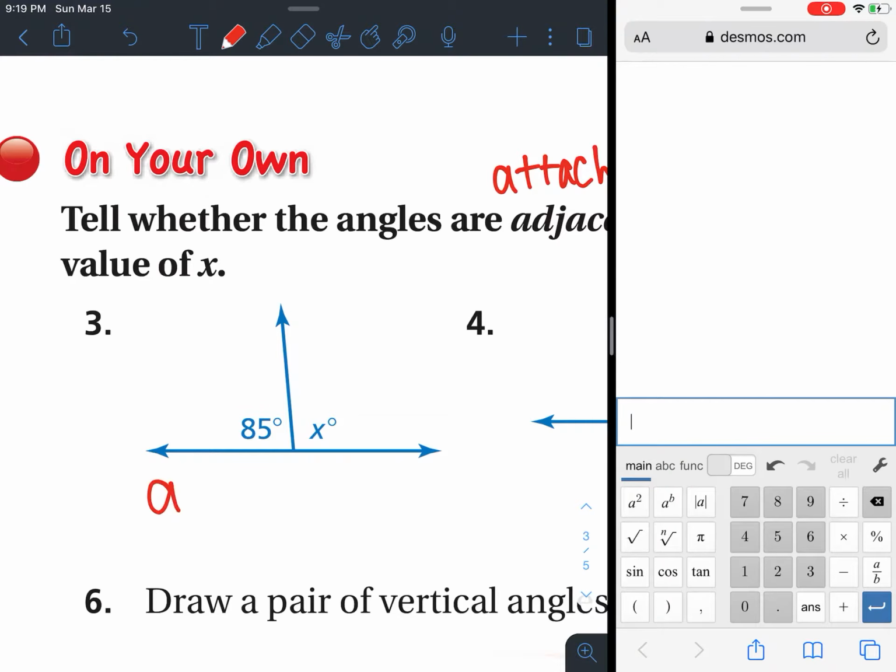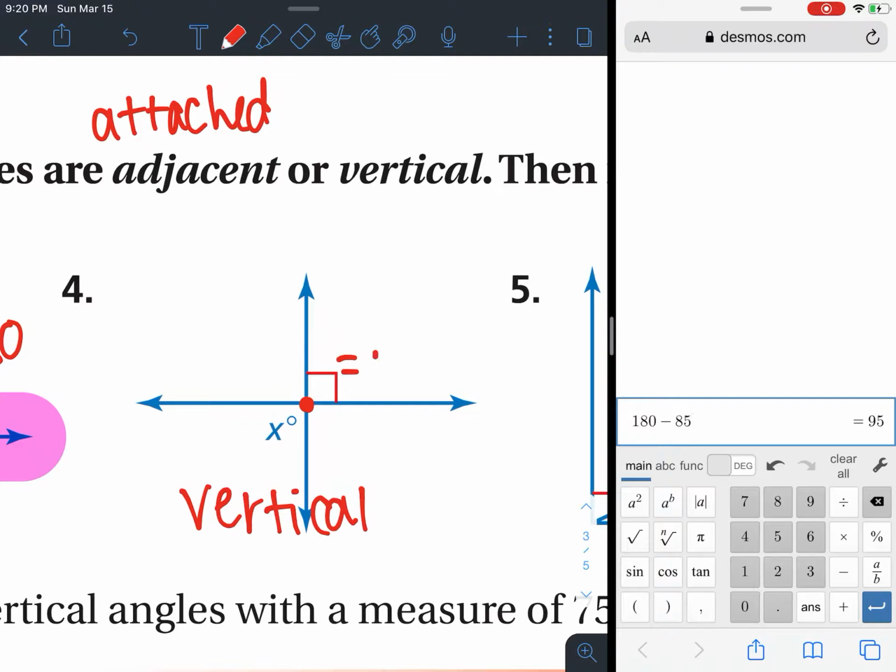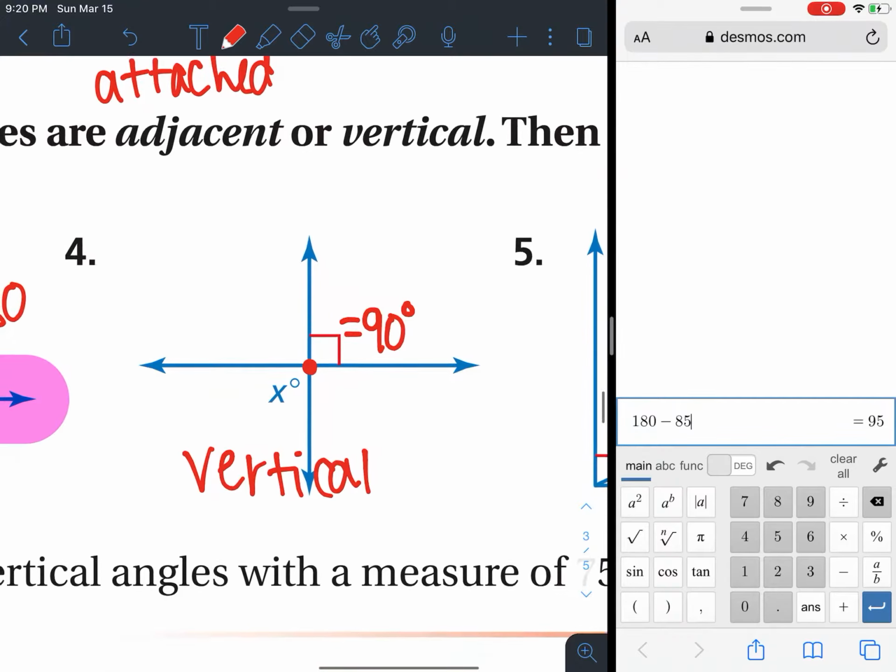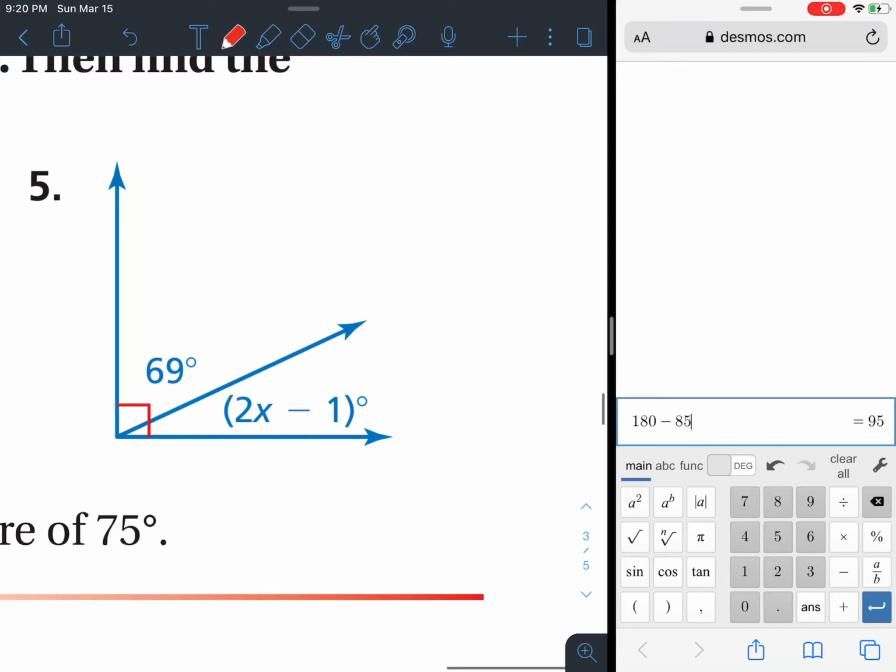They don't have any other sides in common. So they would be vertical. And if they're vertical, that means they have the same measure. So if this one equals 90 degrees, that's what that little box means, then X also equals 90 degrees.